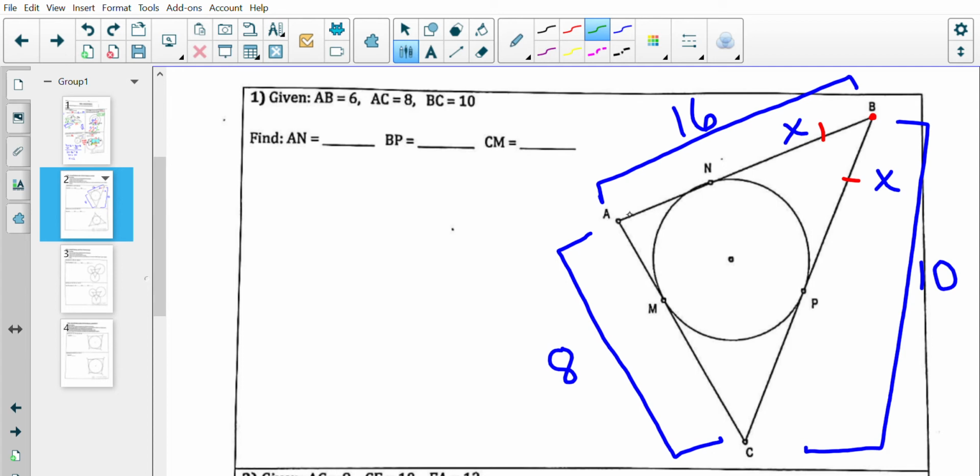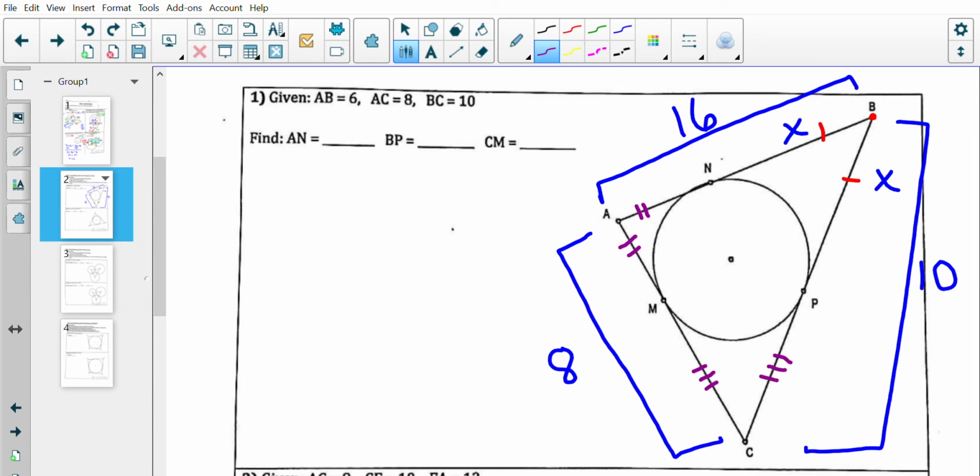Look at point A. Point A to M and A to N, those are also two tangent segments coming from the same outside point. So those two segments have to be congruent. And there's one more pair of tangent segments. We have C to M and C to P. Those two tangent segments coming from the same outside point have to be congruent.